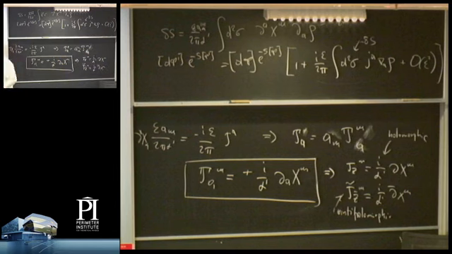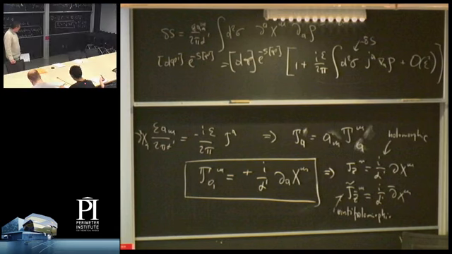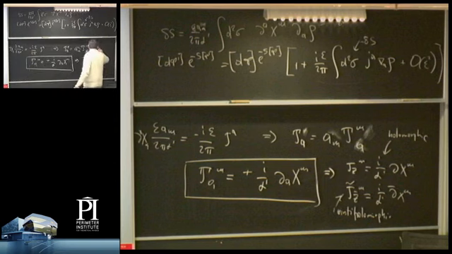The first one, as we know from our analysis of the field X, ∂X is holomorphic and ∂̄X is anti-holomorphic. So this current is holomorphic, as we claimed, and this one is anti-holomorphic.